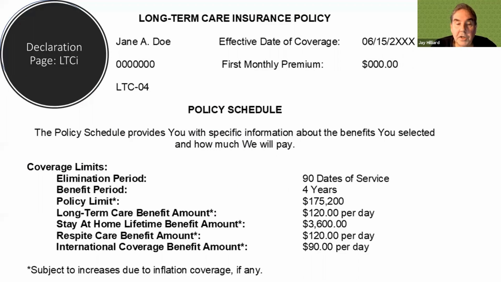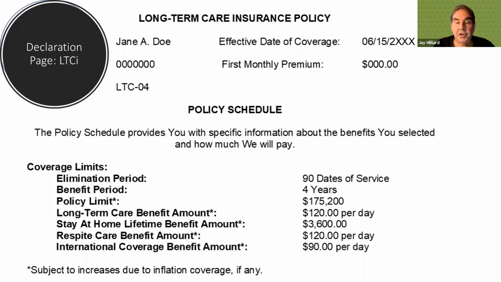The declaration page has different terminologies that are very important to understand. First term on here is the coverage limits, and you will see it will say elimination period. In this example, the policy has a 90-day elimination period.